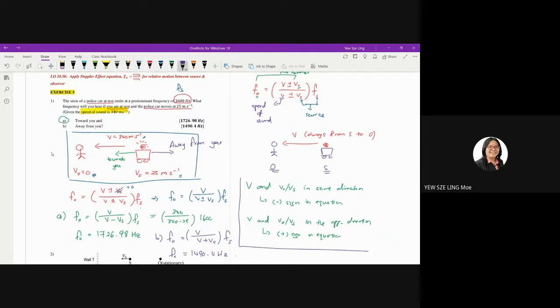You can see how I simplify the equations and how I determine the sign convention based on the diagram and the scenario given. I give you four minutes. Now it's 3:16, so I give you until 3:20 to write everything down, the summary and the solutions, including the diagram.